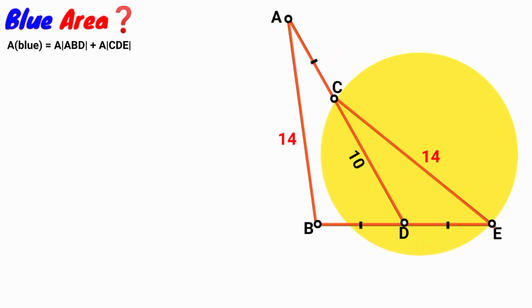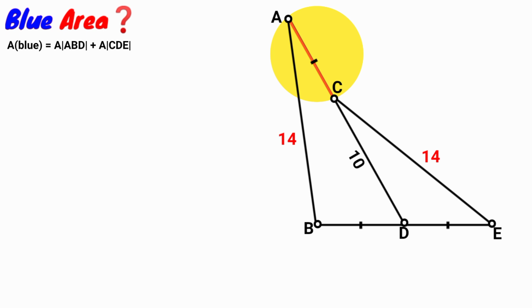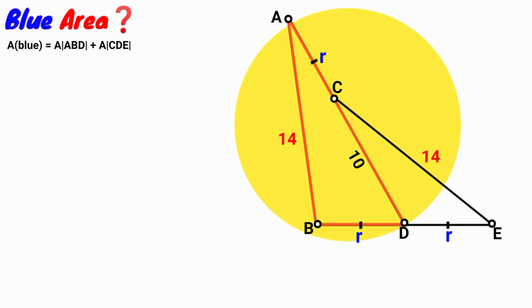It is very simple. Since this segment AC, this BD and this DE are congruent, if we assume the length of this segment to be R, that of this segment and this each must also be R. Now let's focus on this triangle ABD.